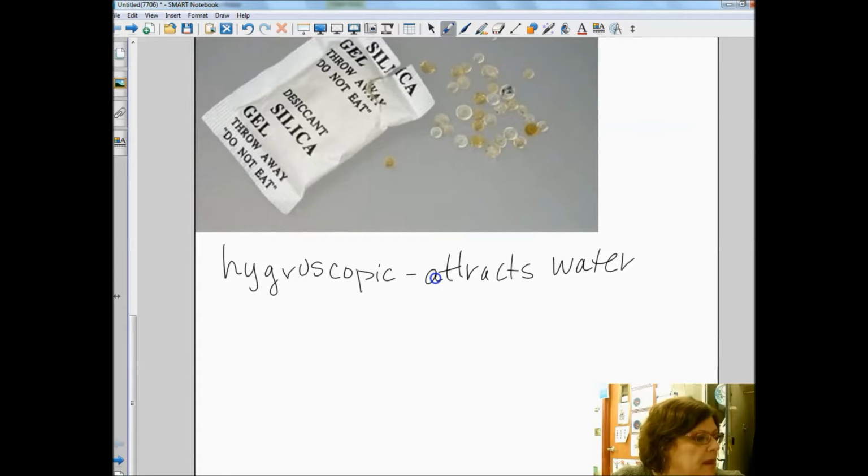And if it attracts the water molecules and holds them so much that it will dissolve, we say it is deliquescent, sorry, which is what a desiccant is.